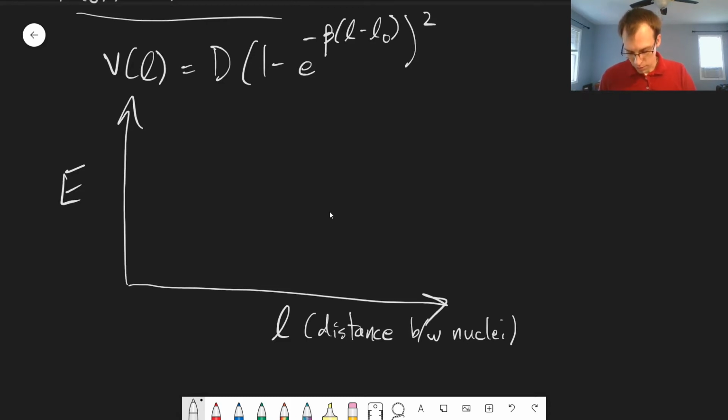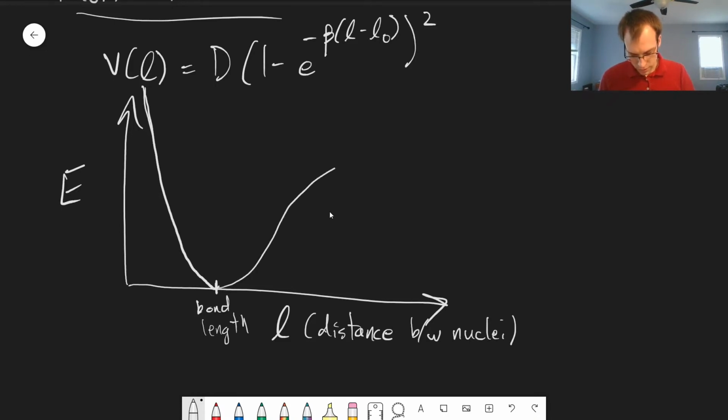When the nuclei are very close to each other, the potential energy gets very large, because the electrons and the protons are pushing against each other, and so there's a very large potential energy pushing them apart. Then as they move a little further apart, we reach a minimum, which is what we think of as the normal bond length of a molecule.